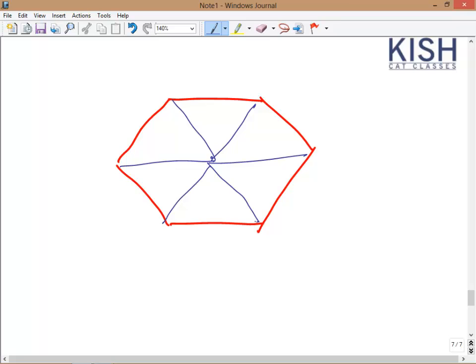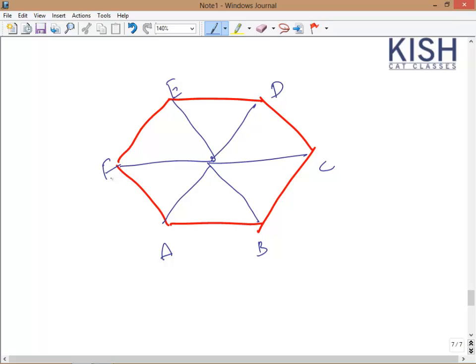Now, the moment you find that 6 equilateral triangles, if I write A, B, C, D, E, F, what is the length of FC in terms of AB? 2 times actually, because that is the longest diagonal. Simultaneously, BE as well as AD is also.